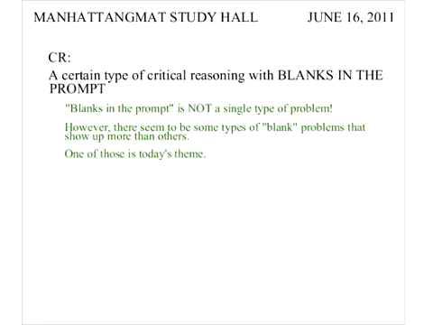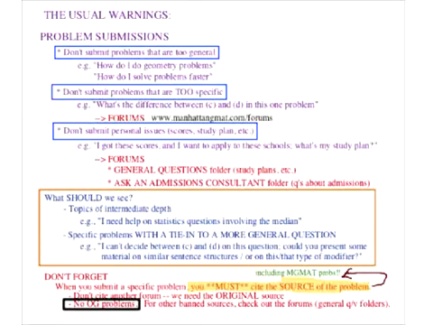So there we go. But first, as usual, we have to start with the usual warnings. All right. Problem submissions. Please don't submit problems that are too general. Please don't submit problems that are too specific, and please don't submit personal issues.